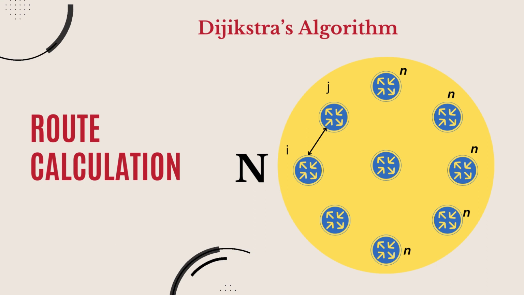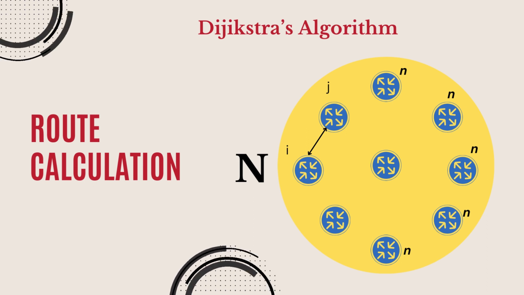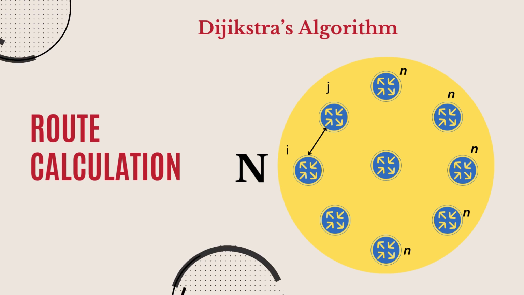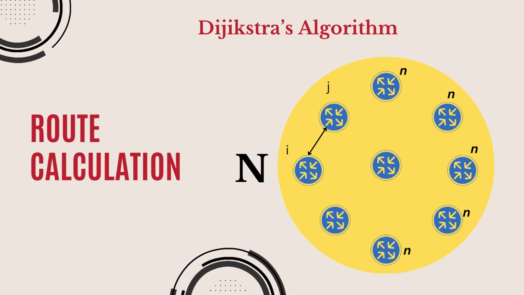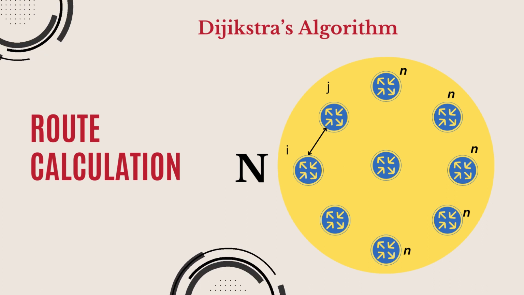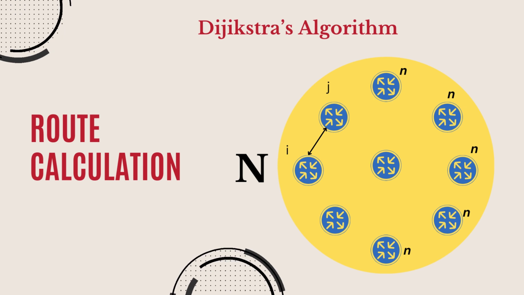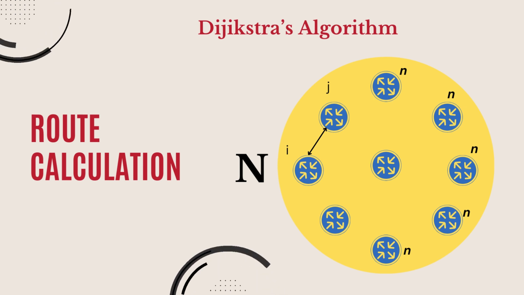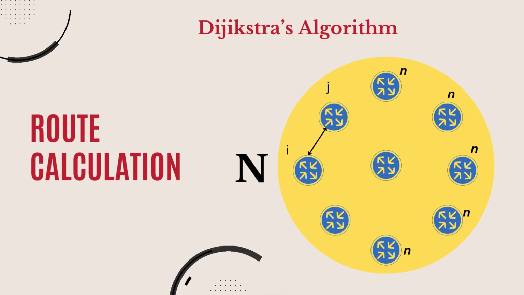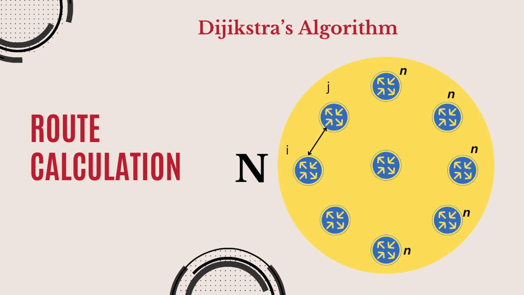In link state routing, the route calculation is made with the help of Dijkstra's algorithm, which is a well-known algorithm in graph theory, also called a forward search algorithm, which helps to create a complete map of the topology of the network. With the help of Dijkstra's algorithm, you can see on the screen we have a network, capital N, which consists of many nodes, named N, I, J. You can see here I and J are nodes which are connected with a link.